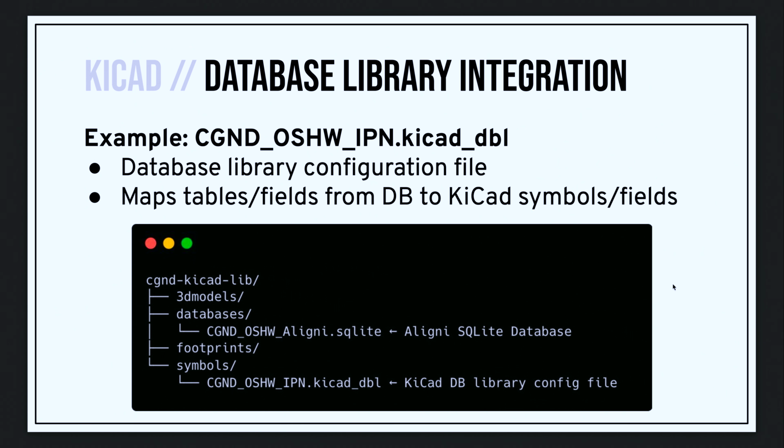So it's simple enough that I can actually just walk through the whole thing here real quick. This screenshot here is just showing how I set up my KiCad library that uses this database libraries feature. So I have a folder called databases that has the SQLite database, and then a folder called symbols that has the KiCad configuration file.